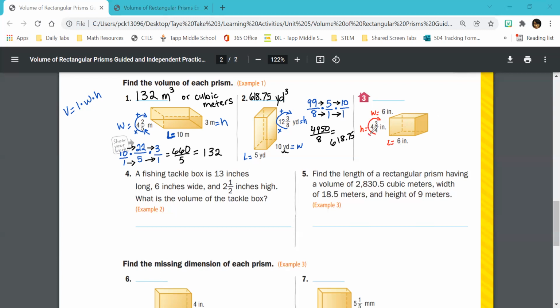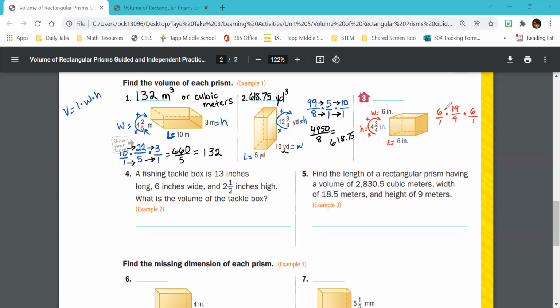So our 4 times 4 is 16, plus our 3 is 19. We put it over the original denominator of 4. And we're going to multiply that by our 6 and put it over 1. And also multiply it by another 6 over 1.